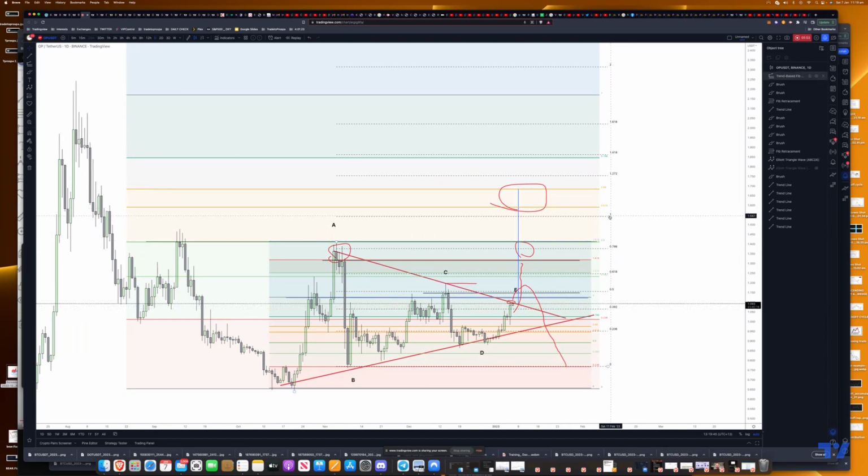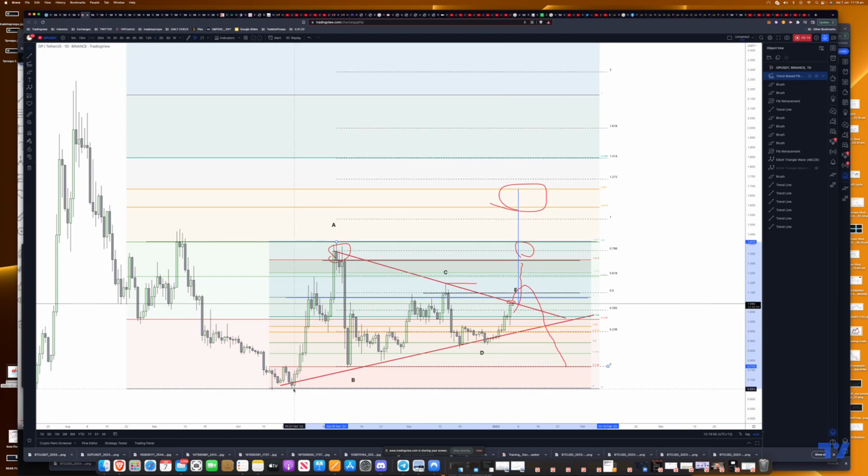If I was to just play with this slightly, I just want to get this 0.382 to that little level there. So yeah, I feel that's probably why I got a rejection there. And now you can see how it lines up a bit, 0.618. Yeah, so this level, 0.618, there is where we're going to find some resistance.